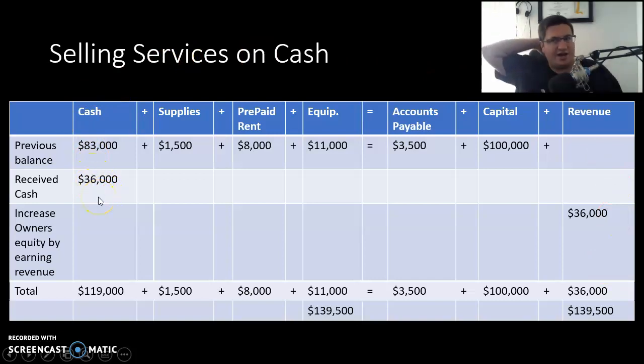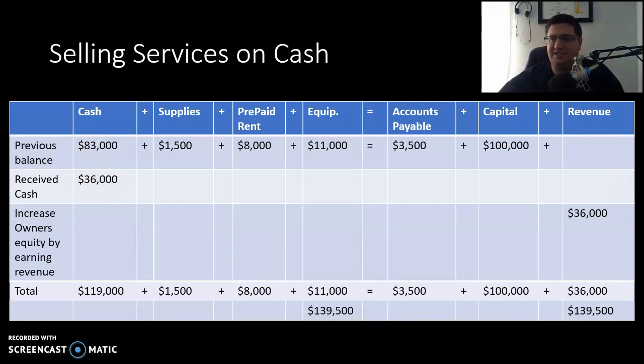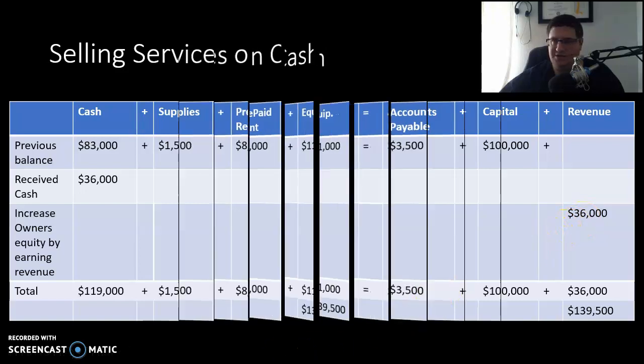So receive cash is going to be $36,000. You did a job, a consulting job, whatever you did. As you can see up here, we still have all of our original assets and our accounts payable and our capital, but we're adding a new revenue to it. So $36,000 in cash, congratulations.